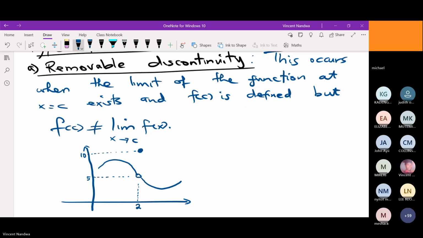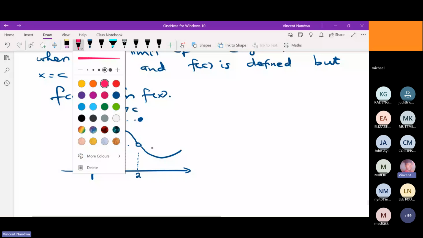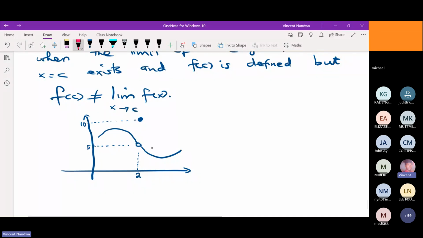Then this is 2. If this is the structure of our sketch, what is f of 2 for this function? 10, correct. Where we have a closed hole. And what is the limit as x approaches 2 of f of x? 5. So we say f of 2 is 10 and the limit as x approaches 2 of the function f of x is 5.